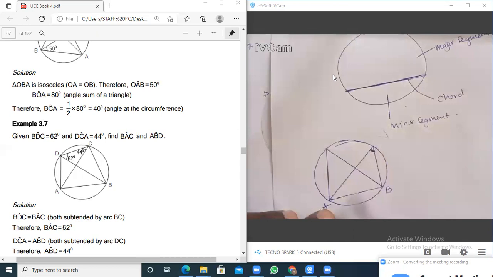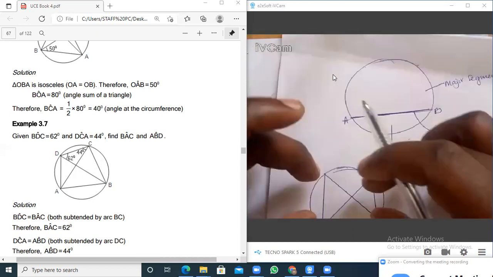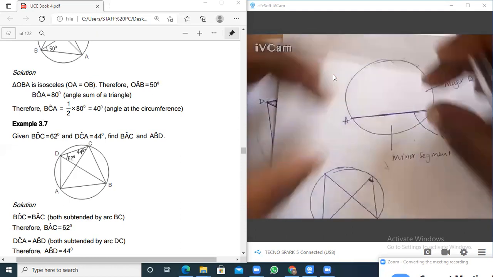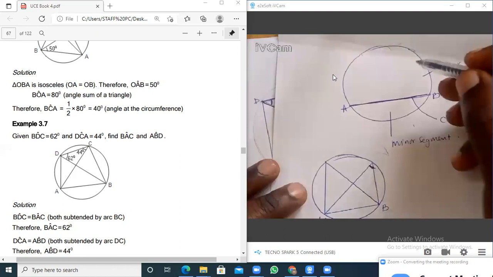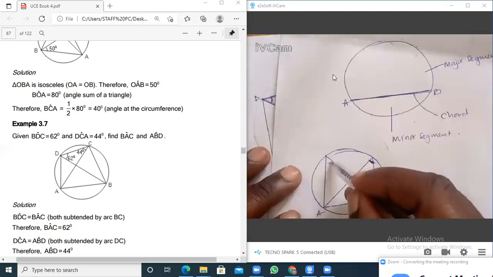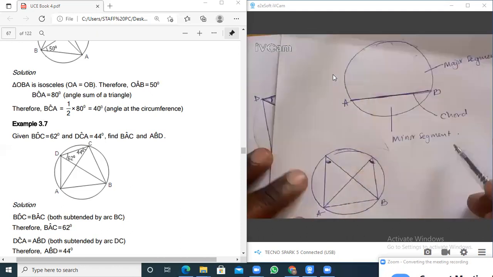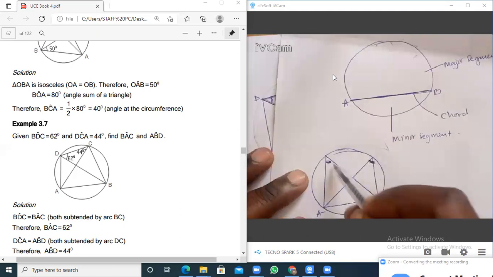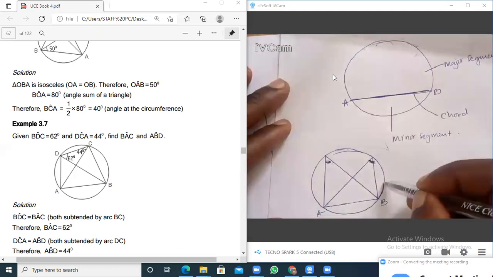Compare this and this. If I get this and put it here, you can see that this angle here will be inside here, and also this angle which is here will be inside there. So it means that these angles are equal because they are subtended by this same arc.